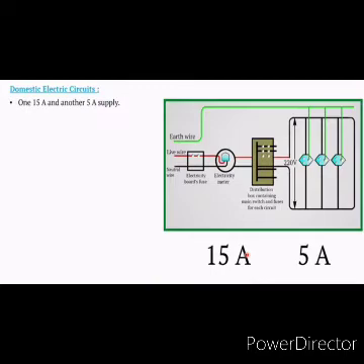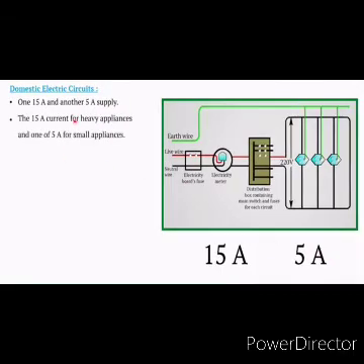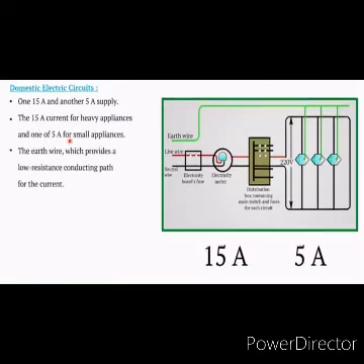Whichever electric appliances require more electric power require 15 amperes of current. Whereas electric bulbs and fans require a very small amount of current, that is 5 amperes of current is enough for them. The 15 ampere current is for heavy appliances and 5 ampere for the small appliances.